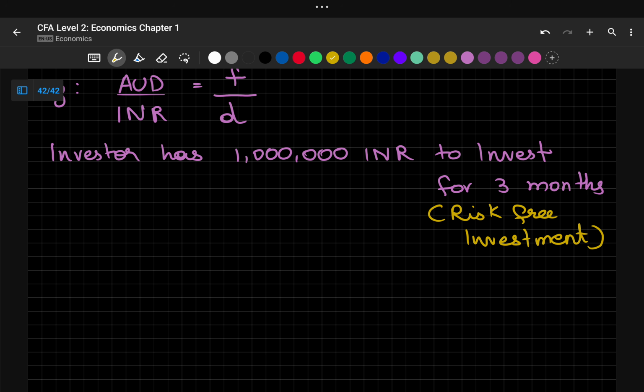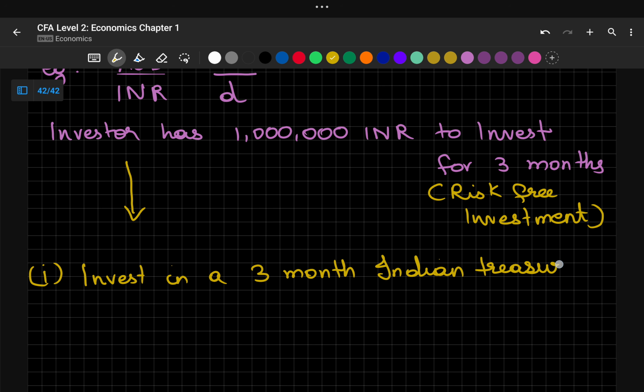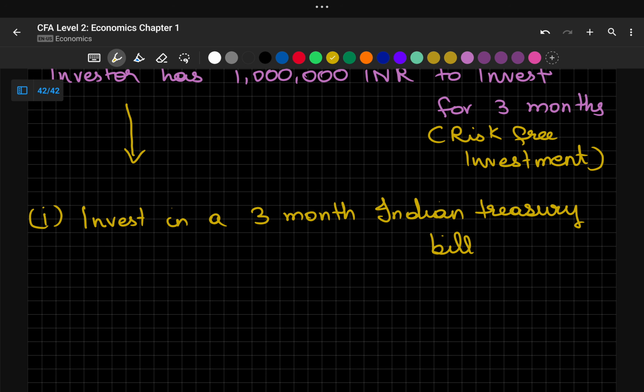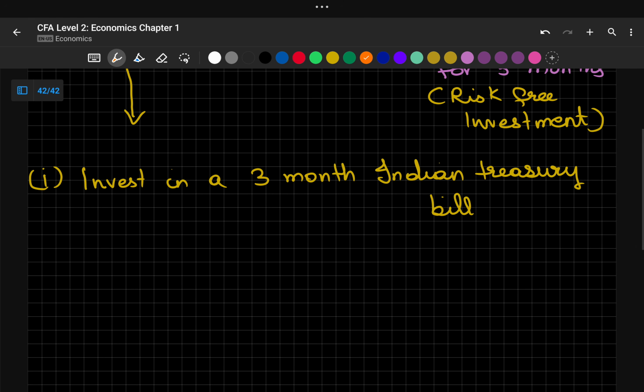The first choice is that the investor can invest in a 3 month Indian treasury bill. We know that it is the most risk-free one. Domestic government treasury bills are usually the most risk-free.